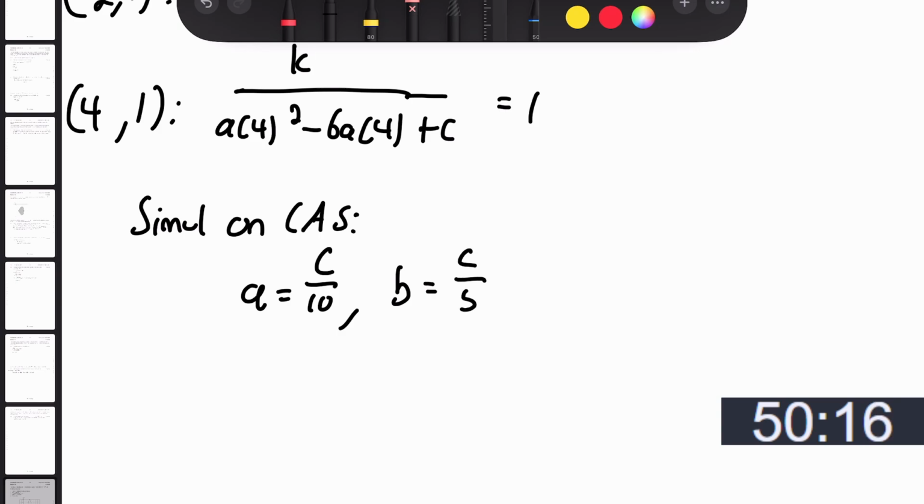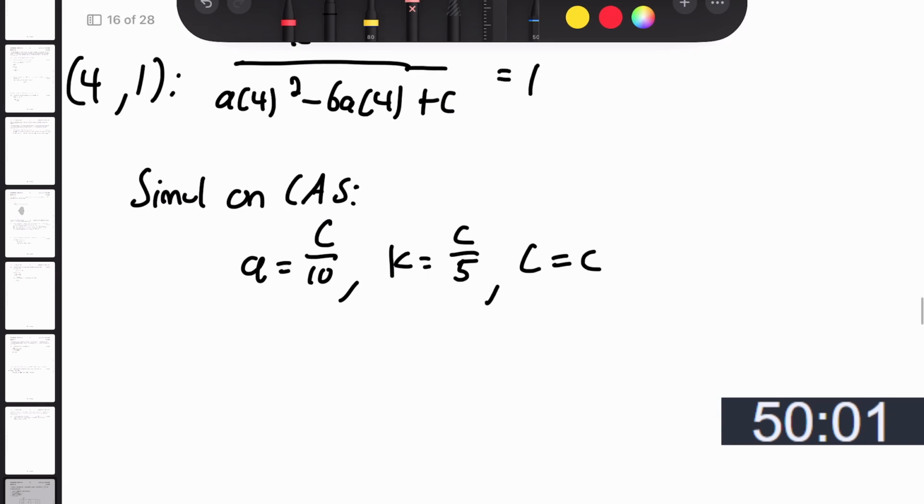B is equal to C on 5. And C is equal to C. So this doesn't really make much sense.